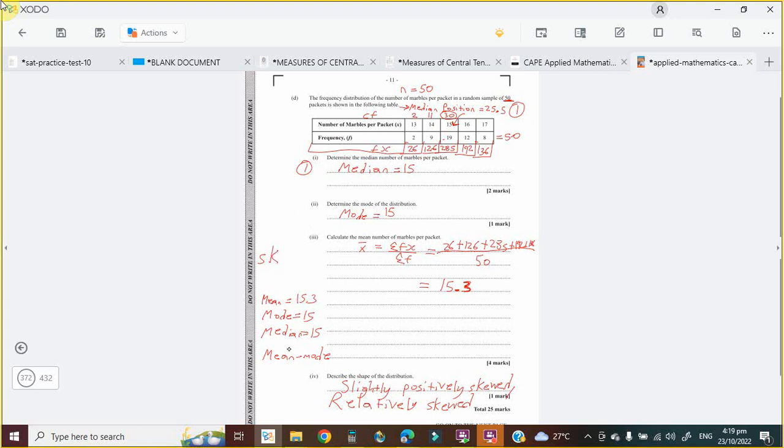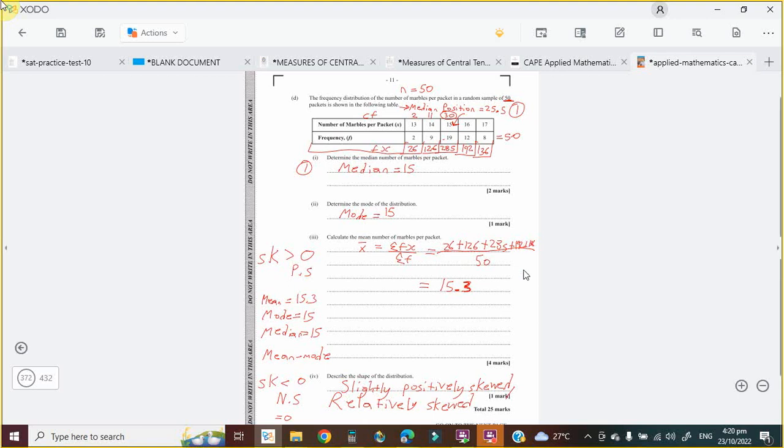When the formula mean minus mode is greater than 0, it is positively skewed. When it is less than 0, it is negatively skewed. When it's equal to 0, it is symmetric. It's slightly positively skewed or relatively positively skewed, because you realize the mean, mode and median are roughly the same, 15. So we'll say slightly positively skewed.